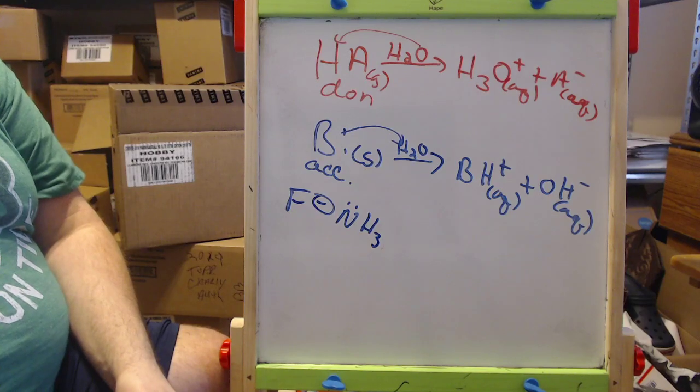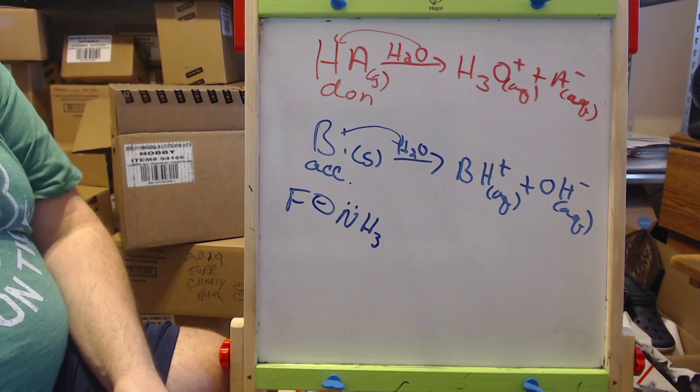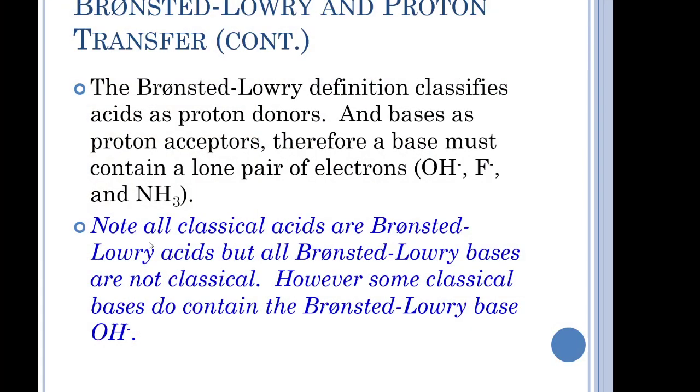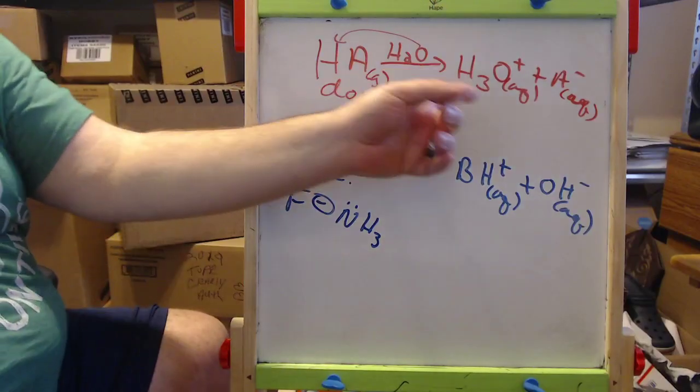So the rule of thumb is this. All classical acids are Bronsted-Lowry acids, because all classical acids will create hydronium.